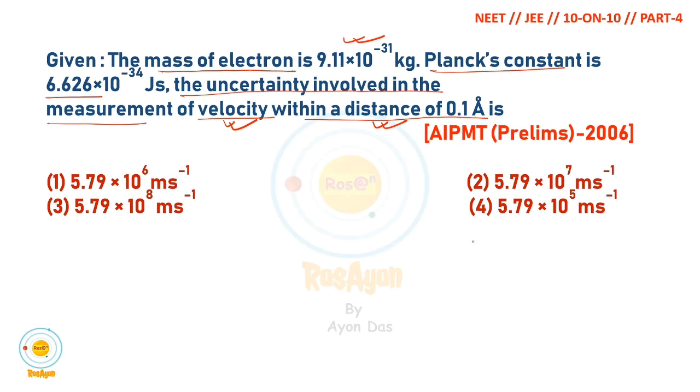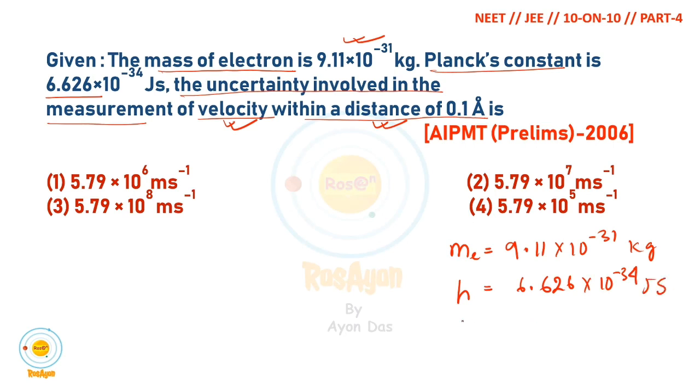That means given mass of electron equals 9.11 into 10 to the power minus 31 kg, and also the Planck constant h equals 6.626 into 10 to the power minus 34 joule second, and also given the uncertainty in distance, that means del x.